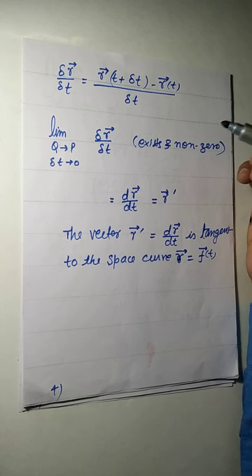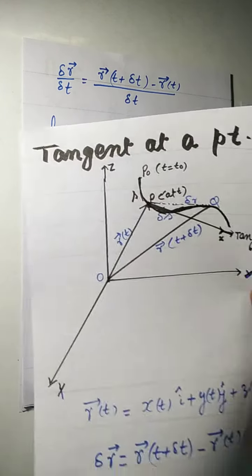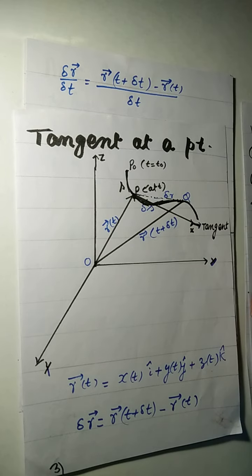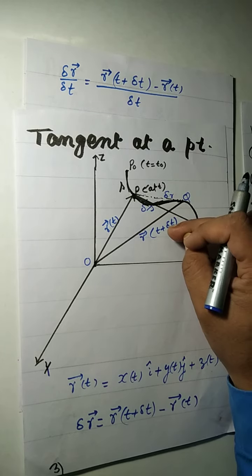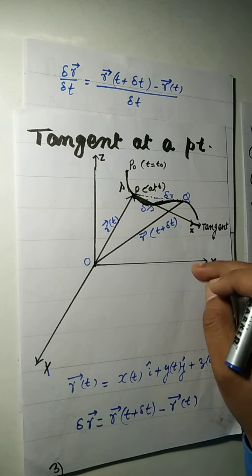When this point Q tends to P, then delta t tends to 0.